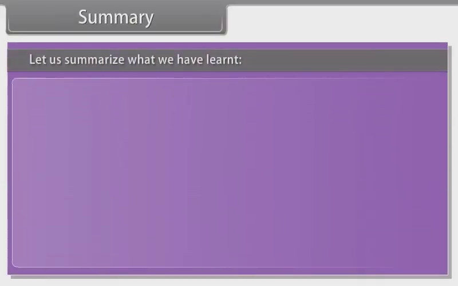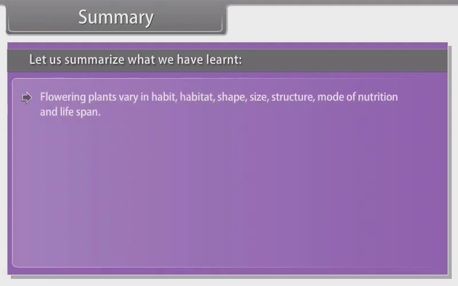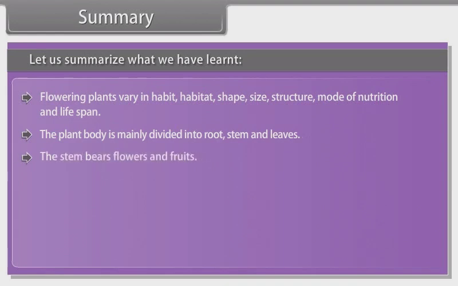Summary. Let us summarize what we have learned. Flowering plants vary in habit, habitat, shape, size, structure, mode of nutrition, and lifespan. The plant body is mainly divided into root, stem, and leaves. The stem bears flowers and fruits.